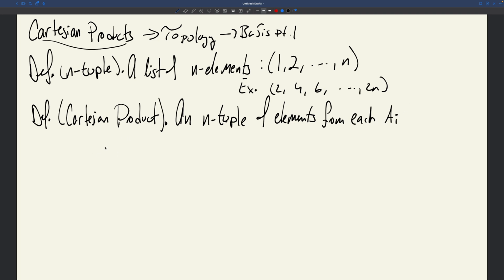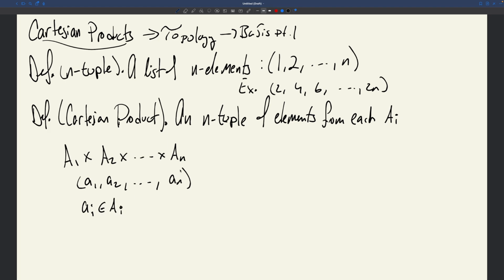What I mean by that is we could write this formally in the form of A1 cross A2 cross all the way until An, and that's going to generate the tuples (a1, a2, ..., an), where ai is within each of those sets.